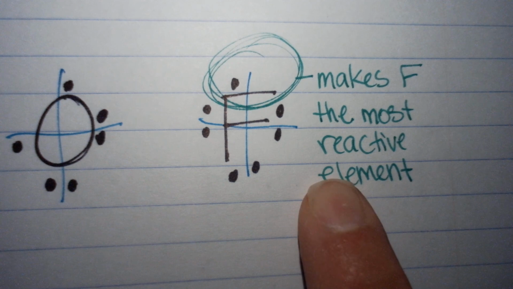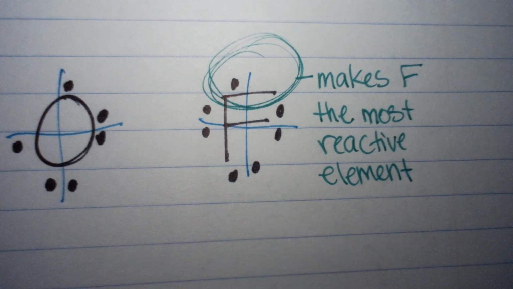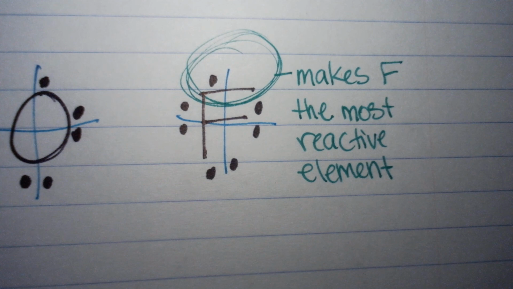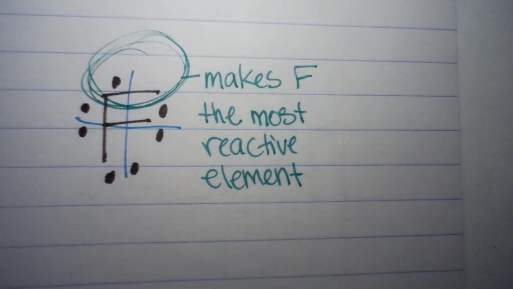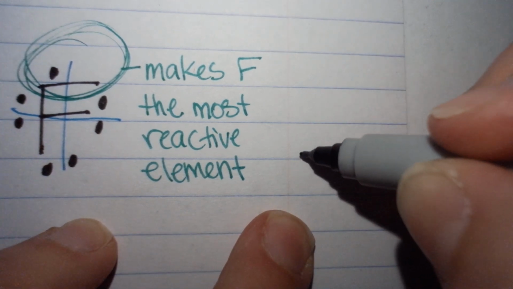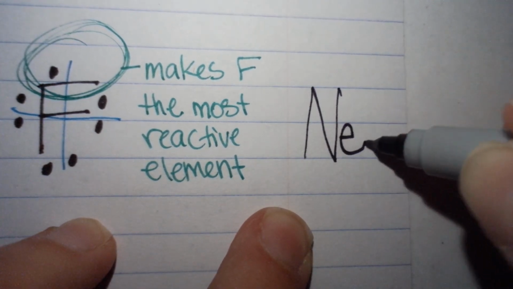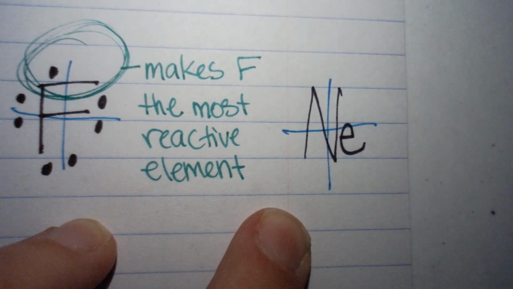So if fluorine is the most reactive element, what do you think is true about neon, which is the next one? Remember, neon is in the noble gases. Neon is in group 8. Let's try to squish neon in right here and look at them side by side. Remember, neon is not an exception. It is in group 8.